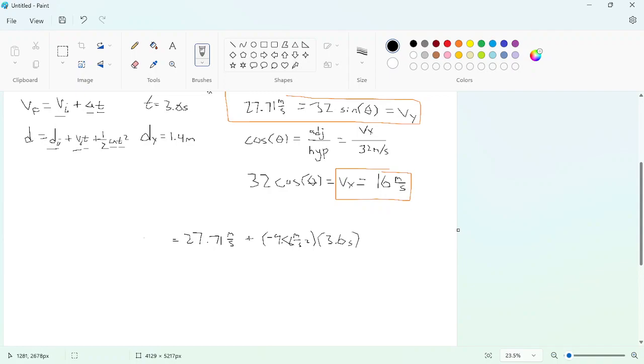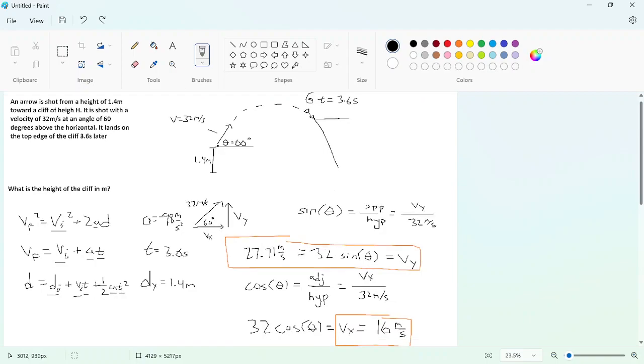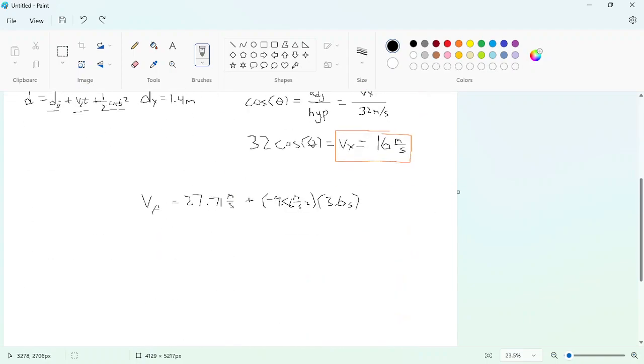This will give us the final velocity, and this final velocity represents the vertical component, the final y velocity at the time that it strikes the cliff, 3.6 seconds later. So this is going to be equal to 62.99.